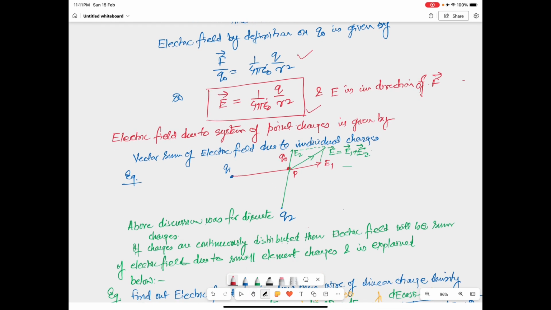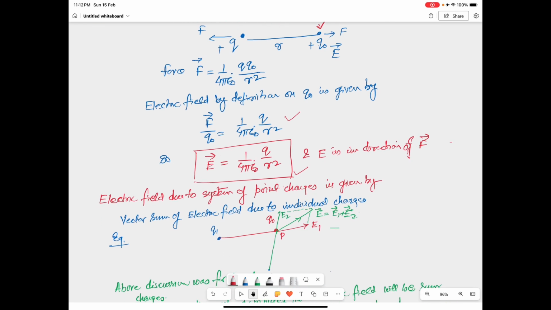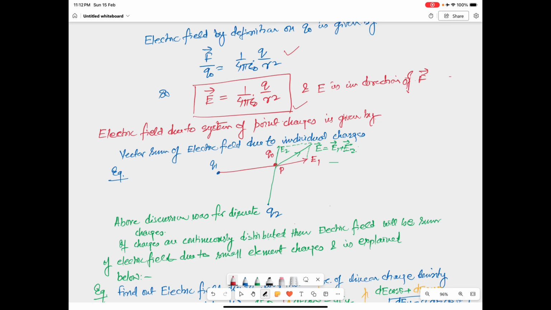Now, if there is not one charge but so many charges, in this case I have taken two charges, Q1 and Q2. Because of this, at a point P, if I have to find out the electric field, I have drawn E1, that is the electric field because of the charge Q1 with a direction, and because of the charge Q2 with a direction.